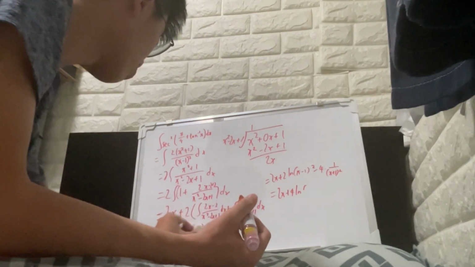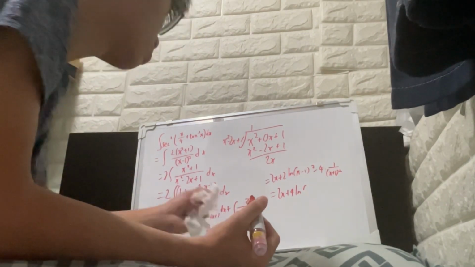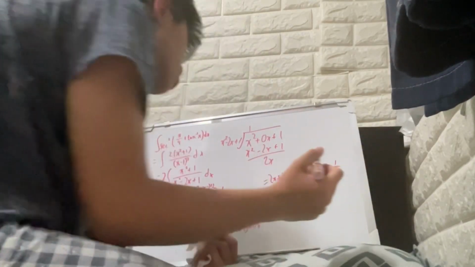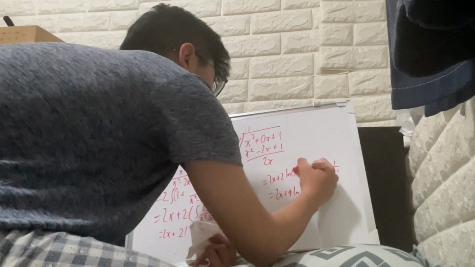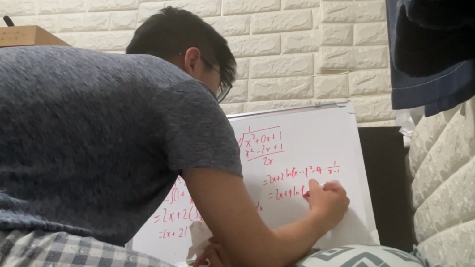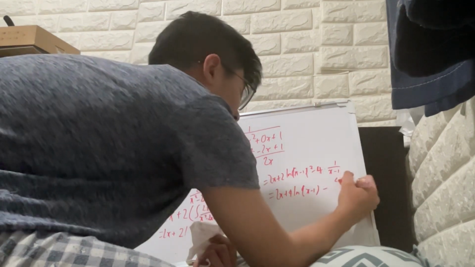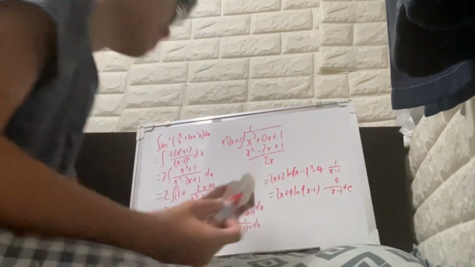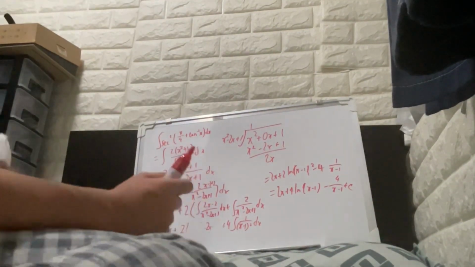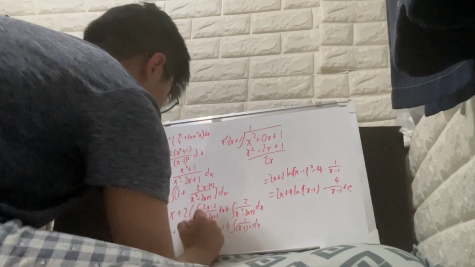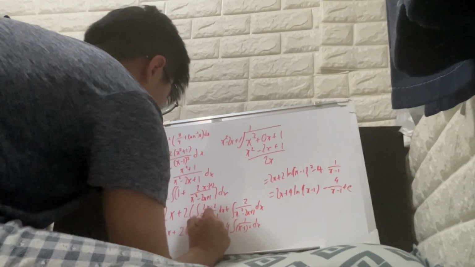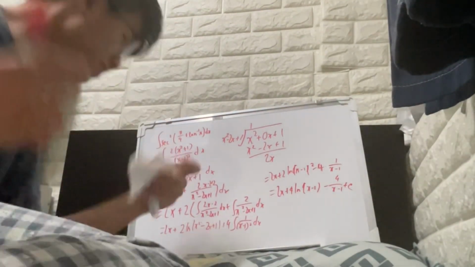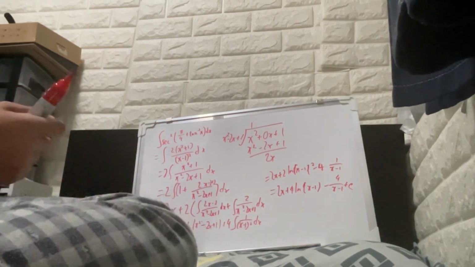Here, I think we should put the absolute value of x minus 1, minus 4 over x minus 1 plus c, and that's our answer of this integral. And let me just show the step: x squared minus 2x plus 1. And that's it. This is really cool, right?